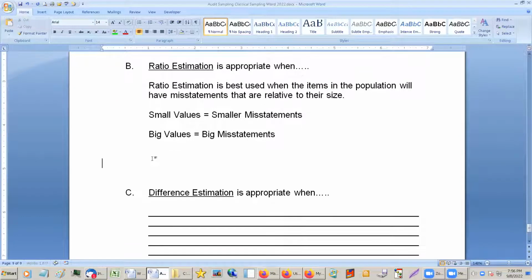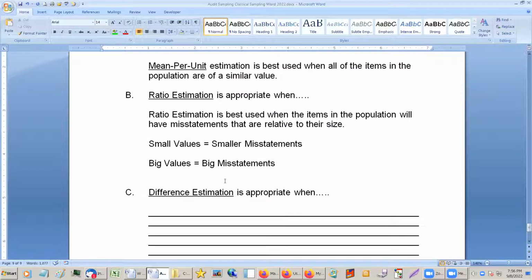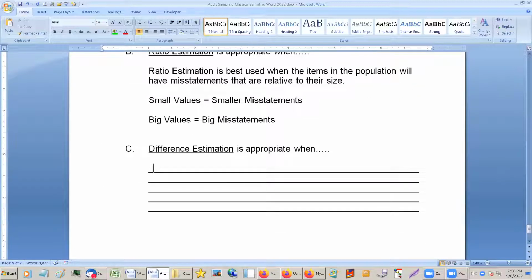And difference estimation is when all the items in the sample are likely to be off by the same amount.